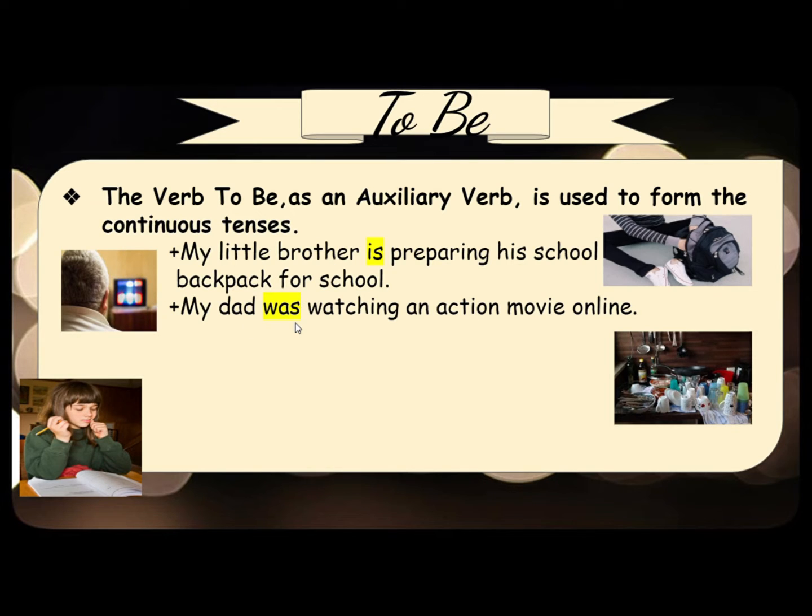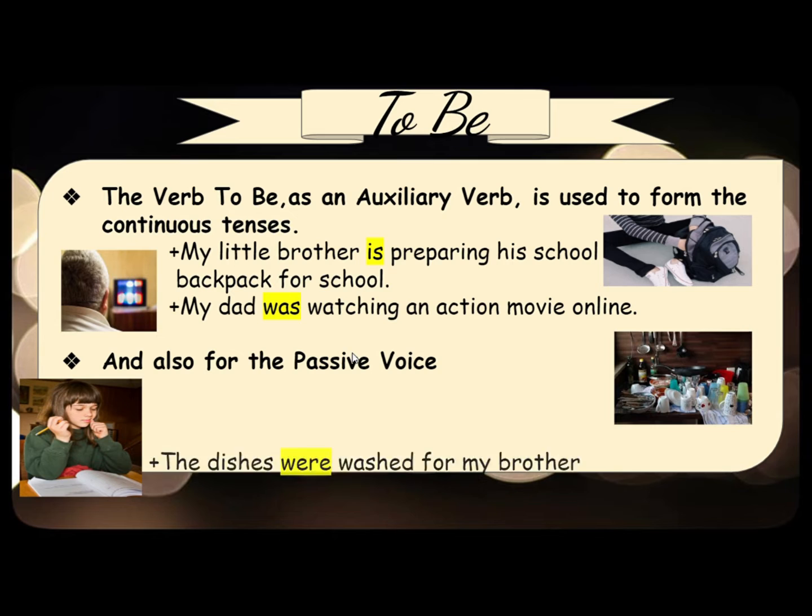In this case, we use the verb to be as an auxiliary as well, but with the past progressive or past continuous.